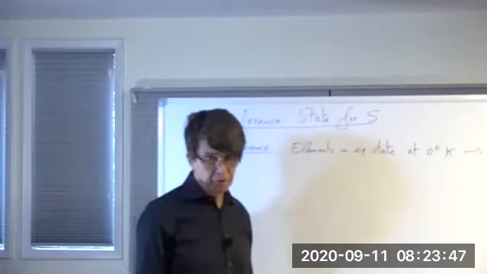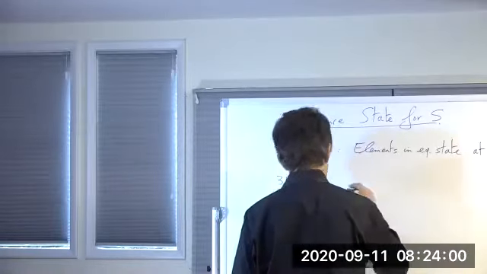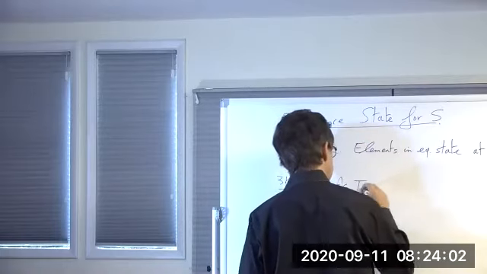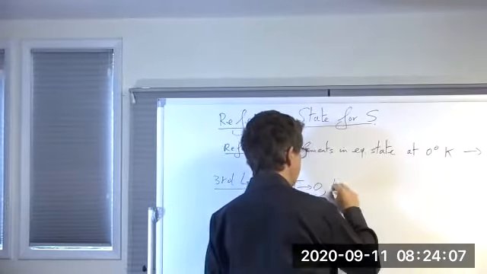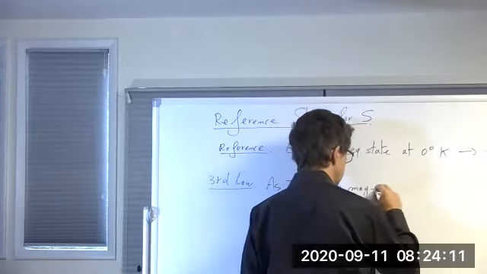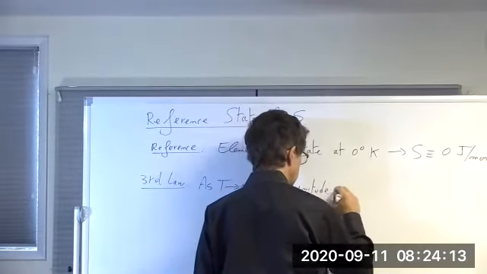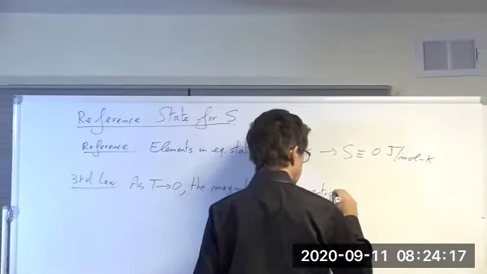You could do that in principle for the entropy, but there's a simpler solution through the third law of thermodynamics, which states that as T approaches 0, that's 0 Kelvin, the magnitude of any entropy change in a reversible process is 0.